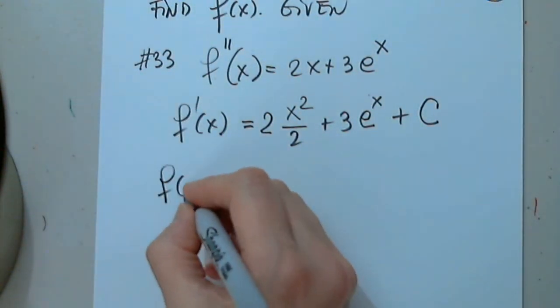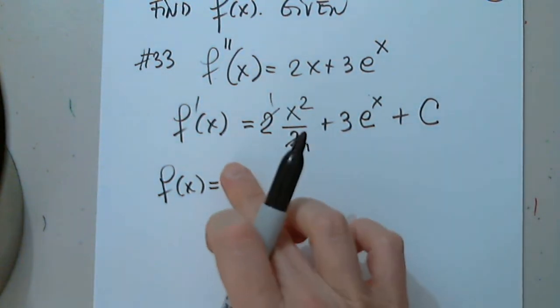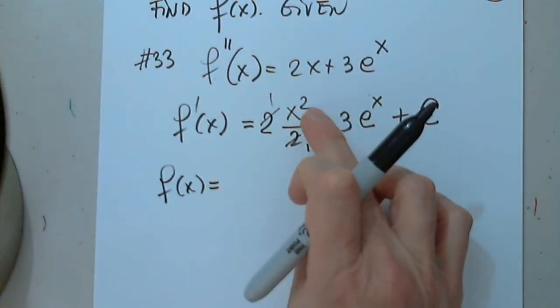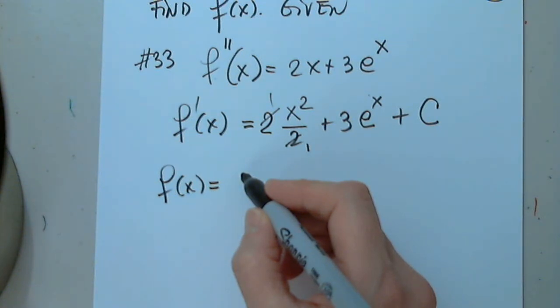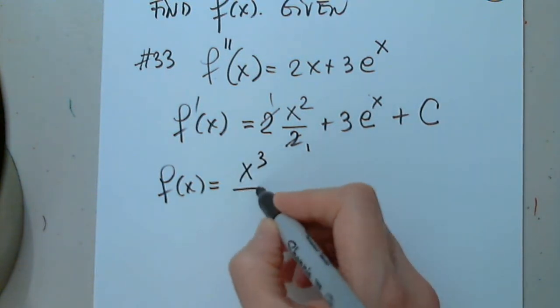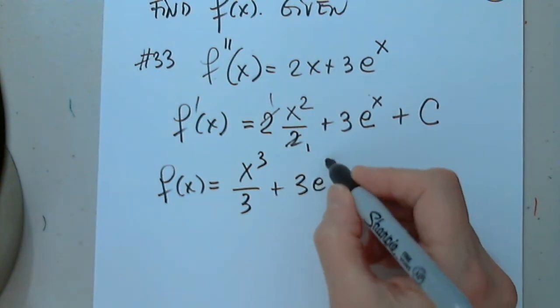And now we are looking at f of x. 2 over 2. Which function prime is x squared? X cubed over 3. Brilliant. Good. Plus, the same thing.